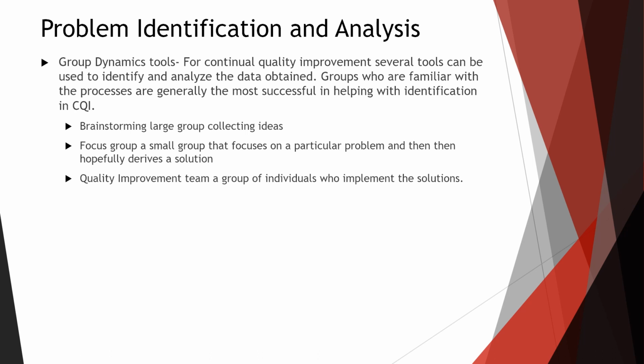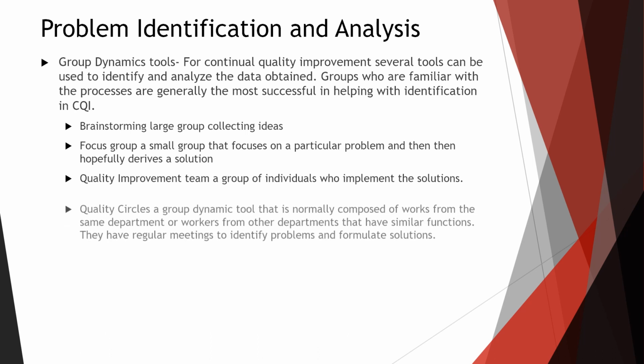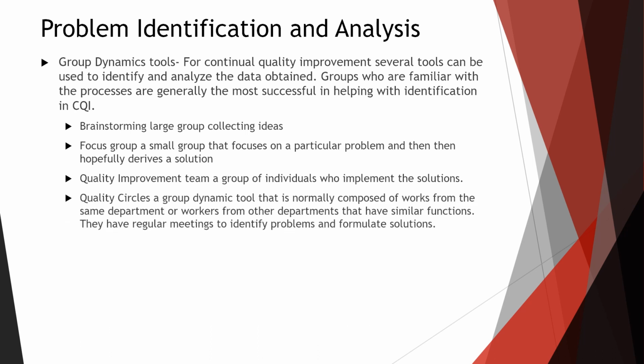Quality improvement team, a group of individuals who implement the solution. So the quality improvement team are going to be the ones that actually implement what was come up with through these things. Quality circles, a group dynamic tool that is normally composed of workers from the same department or workers from other departments that have similar functions.